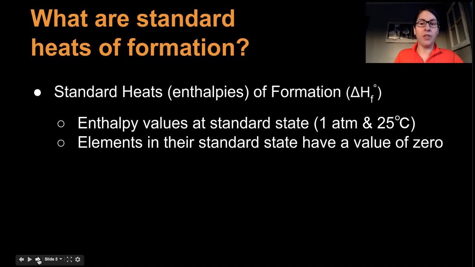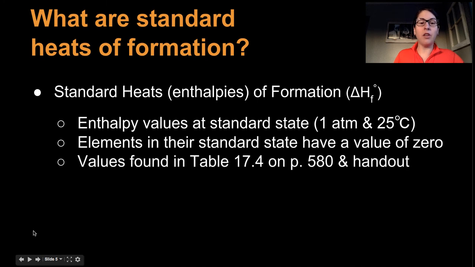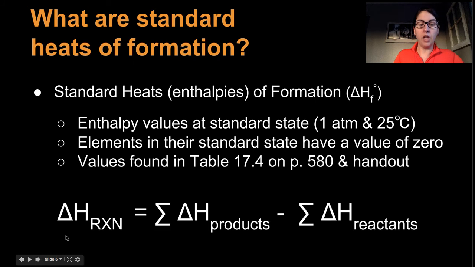Okay, and the values can be found in table 17.4 on page 580 of your textbook, and I will also have a handout for you in class that you will have to be able to work through. The overall idea is that, in order to find the enthalpy of our reaction, or the heat of our reaction, we're going to take the sum.